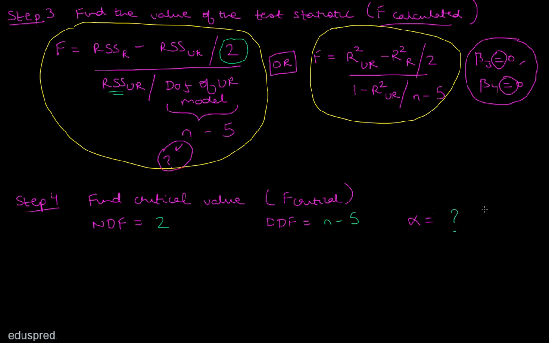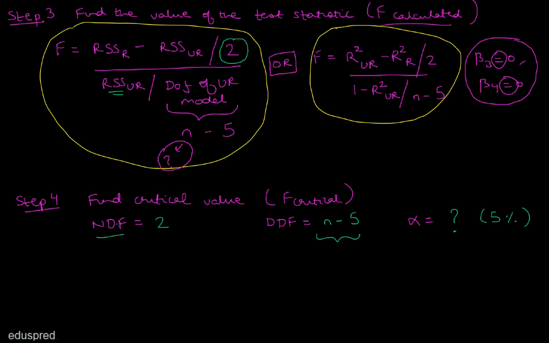Either way, even if you assume a value over here, let's say even if you assume alpha equal to 5%, still you will not be able to take a look at the F table to find the exact value over here because you do not know this. Okay, all we know is that the numerator degrees of freedom is 2, the denominator degrees of freedom is n minus 5. We do not have an exact number over here, and we don't even have any value of alpha.